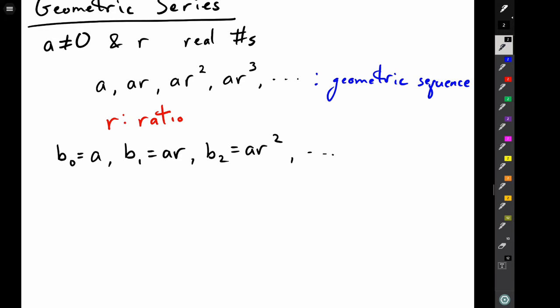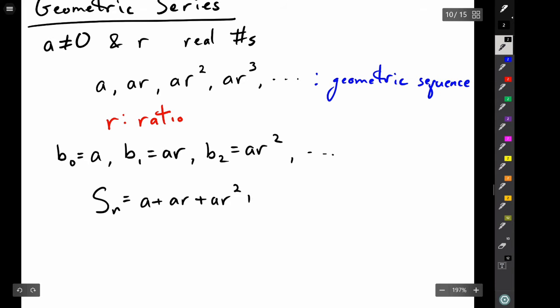We want to figure out the full geometric series here. So the partial sums, the Sn, are a plus ar plus ar squared plus up to ar to the n.